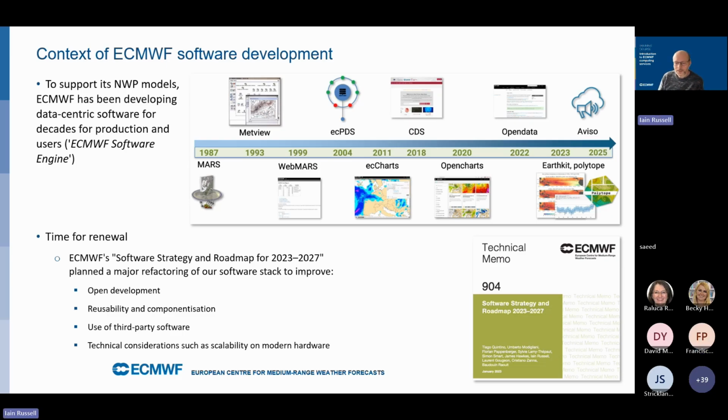We had a few guiding principles that we declared, things like doing open development, making smaller and more reusable software components rather than monolithic software packages, better use of and integration with third-party software, and the considerations you need when working on today's modern hardware.